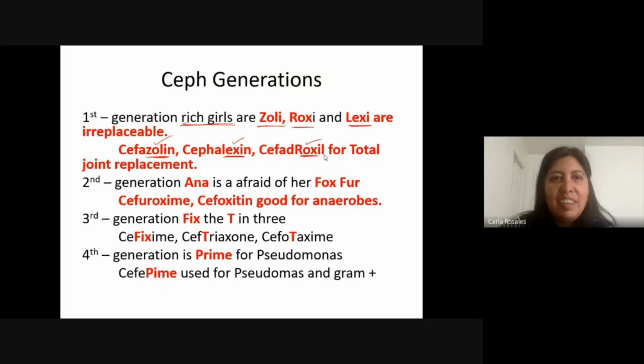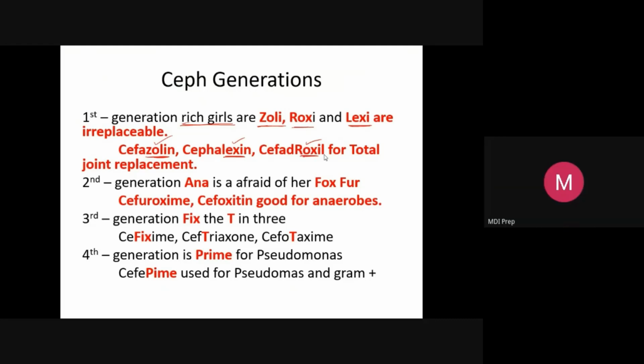So the second generation is their mother. So you have the 3 daughters, and now you have the mother who's from Hollywood, California, and she loves her fox fur. She loves very expensive things like a fox fur coat. But she's afraid of the fox fur.